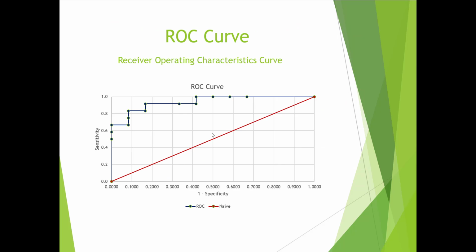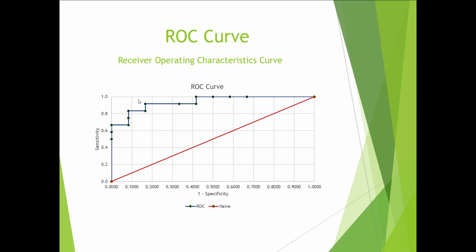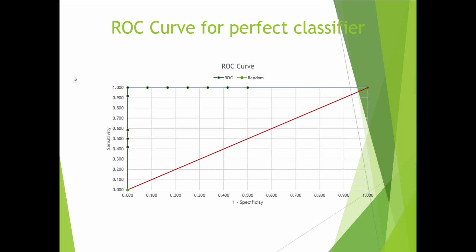So if you go back to this one, you see that the farther out, so this is the perfect, the farther out the current ROC chart is from the diagonal, the better it is. Of course, the best being completely here.